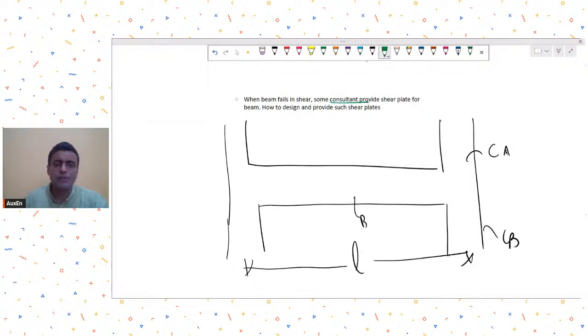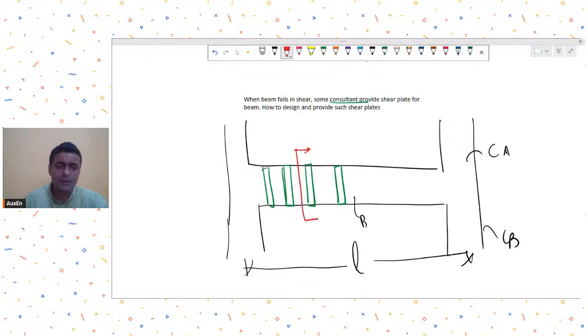So some consultants provide the plates. We have also done some projects where we provided shear plates. So we provided plates like this, just like stirrups. In the sectional view, they looked something like this.